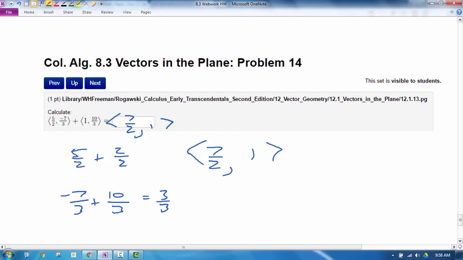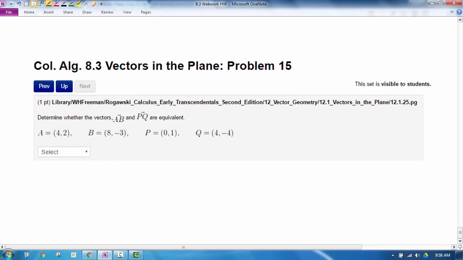All right, and the last question says determine whether these vectors AB and PQ are equivalent. Vector AB, I'm going to find in vector ordered pair notation. I'm going to do the head minus tail rule, so I'll do negative 3 minus 4, it gives me negative 7. And then I'll do 8 minus 4, and that gives me 4.